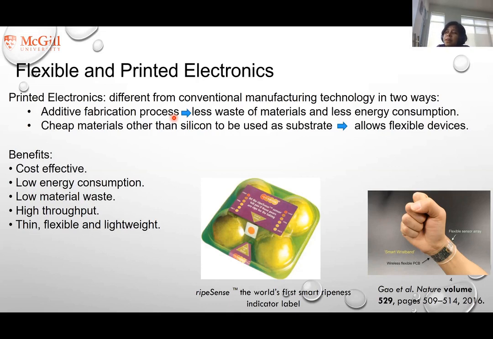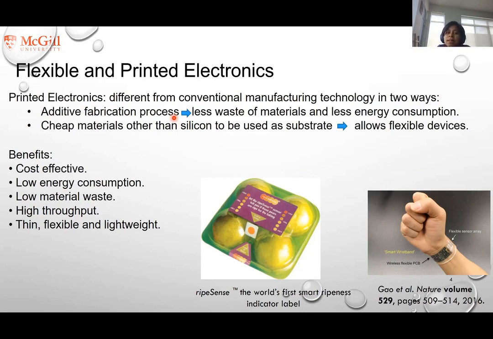Another important part is that in conventional microfabrication technology, a lot of these processes are very high temperature processes, and we normally use silicon as a substrate. It's pretty standard. But in printed electronics, a lot of these processes are very low temperature processes.